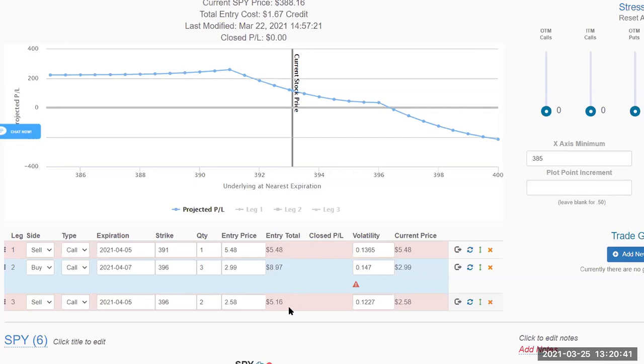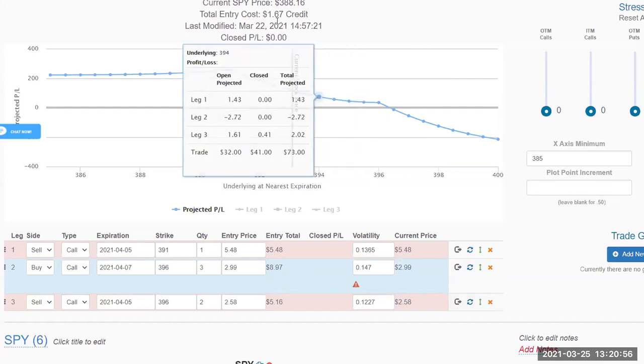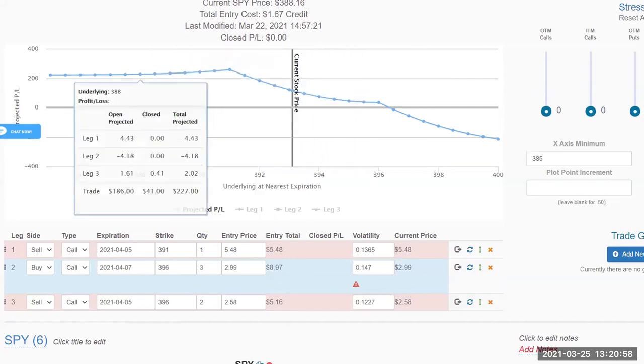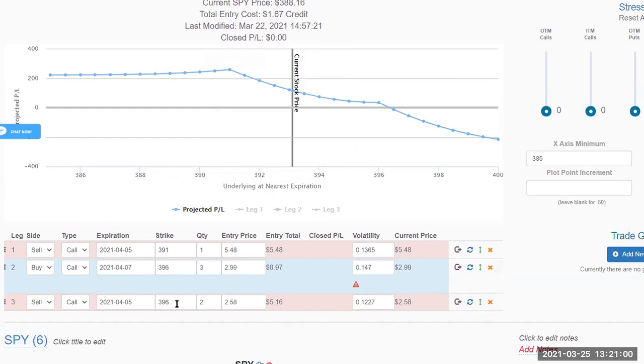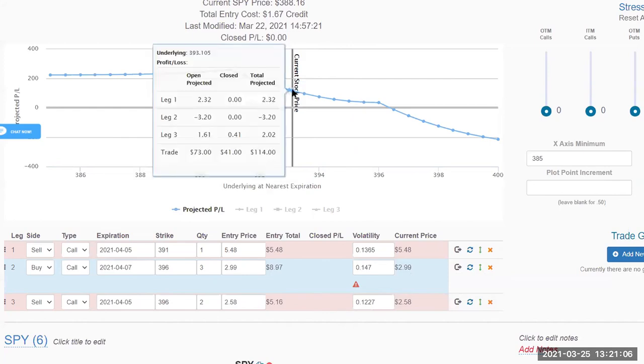Or if the market makes a favorable move to the downside, then we'll be able to take one of the shorts off. And of course, the market did make a favorable move to the downside. On this particular trade, the credit was 167. That means that to exit one of the 396s, we needed to exit it at 167 minimum.